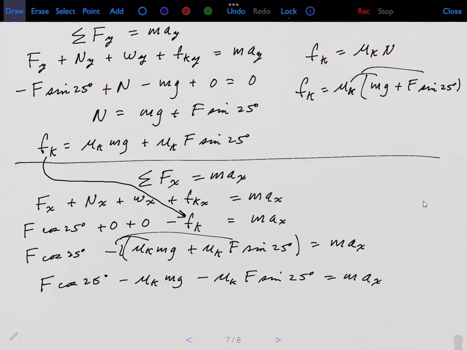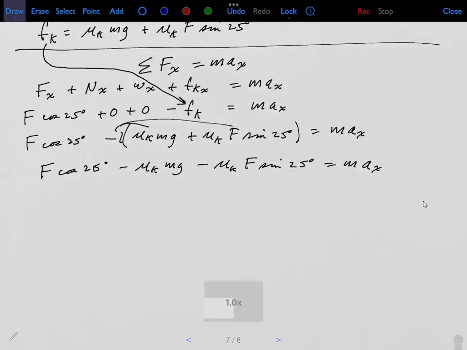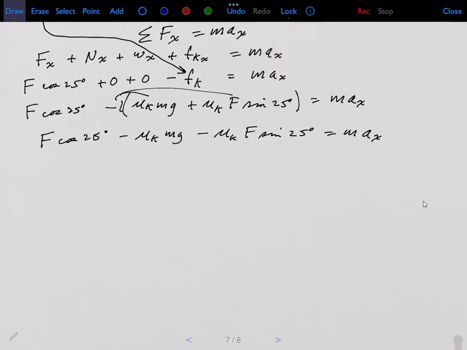Okay. And then because I want to find ax, I can simply divide both sides by m, right? If you want, you could factor out an F here. Here, I'll write it one more time. I'm going to put this on the left-hand side because I want ax on the left-hand side ultimately. So this is F cosine. I'm going to write the other term containing F next to it.